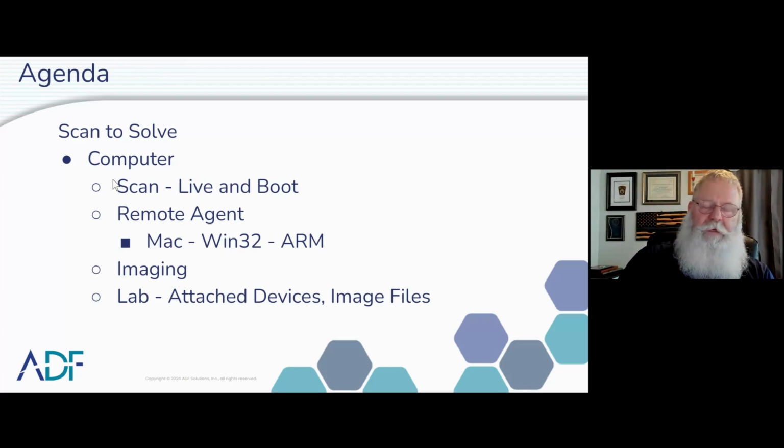And you make a connection either through wireless or through Ethernet, direct connect to your Windows machine, and you're able to acquire or scan that Mac, T2, M1, M2 as well. 32-bit Windows computers, again, through that remote agent, and also the newer ARM computers, you're able to use that remote agent to access that drive, scan that drive, or image that drive as well.